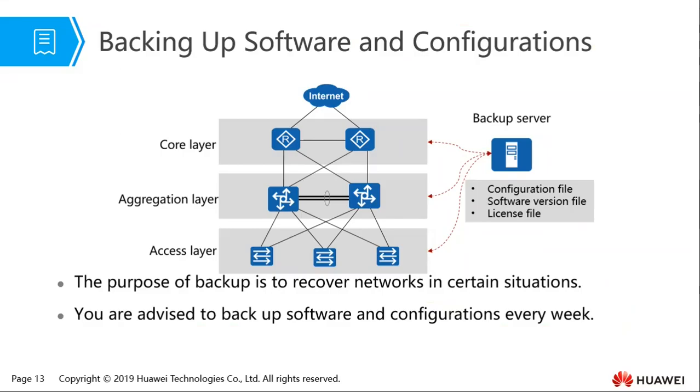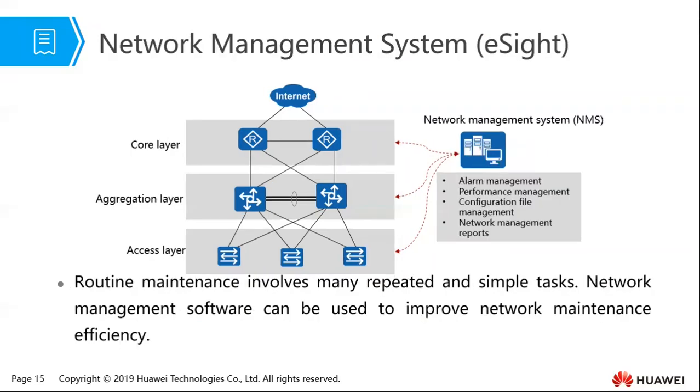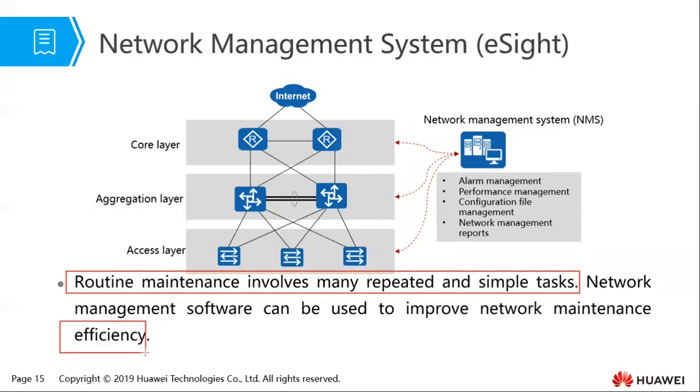So let's look at the use method of network management software, something we've looked at before. Routine maintenance involves many repeated and simple tasks. So network management software can be used to improve the network maintenance efficiency.